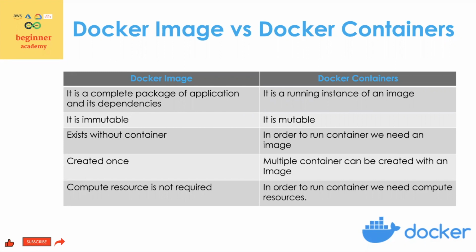The next main difference is compute resource. In order to keep an image, you don't require any compute resource. Meaning in that particular virtual machine, the CPU or memory is not at all utilized. Only the space is utilized. In the case of a container, when you run the container, we need compute resources. Basically, you need to mention a CPU and memory.